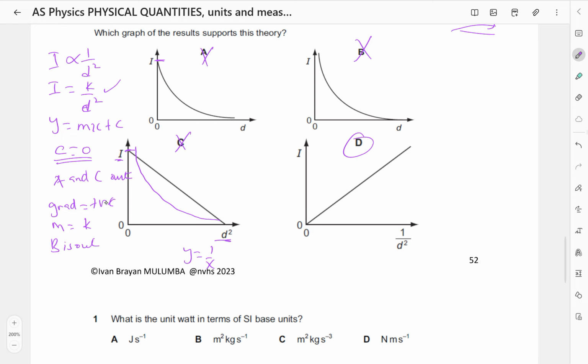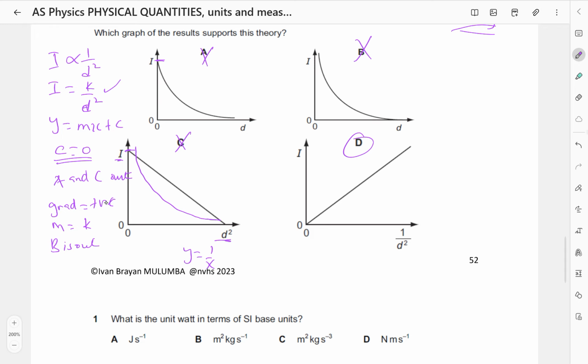It does not touch any of the axes. So a graph of I against D squared is supposed to be asymptotic like that one. It is not going to be a straight line, so that is automatically out. So our answer is D.